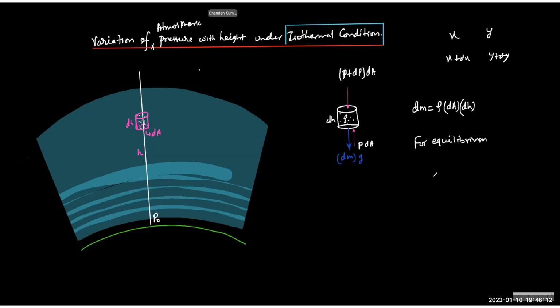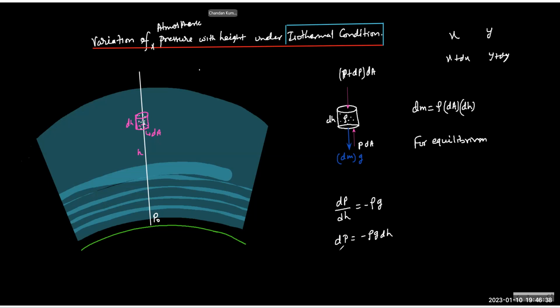Yeah, you first write and let me know. Are all getting the same answer? So dP by dh is minus rho g. So it means we can write dP as minus rho g dh.